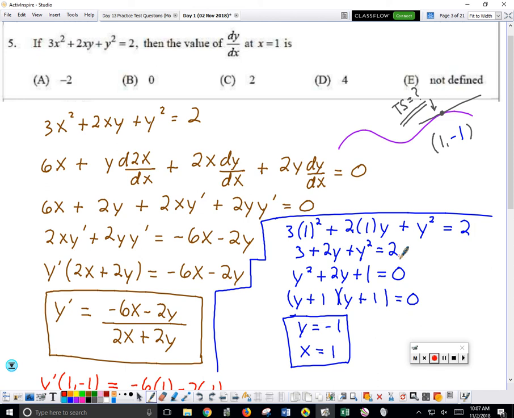When we found the negative one using the quadratic formula, wasn't that for the original equation and not the derivative? Perfect. So we said, okay, here's my formula for finding the tangent slope at any point on the curve. I need to find the specific tangent slope on the curve where x is 1.